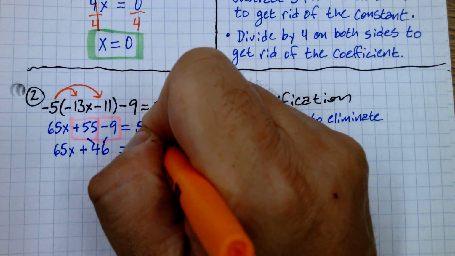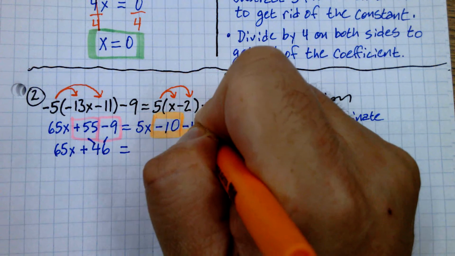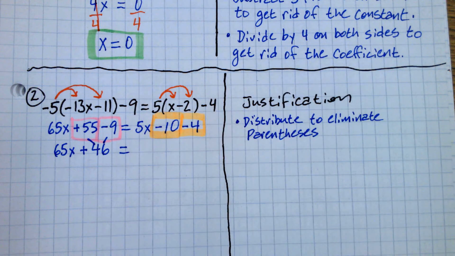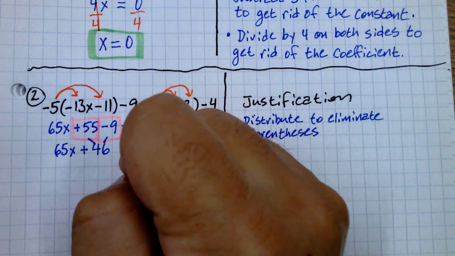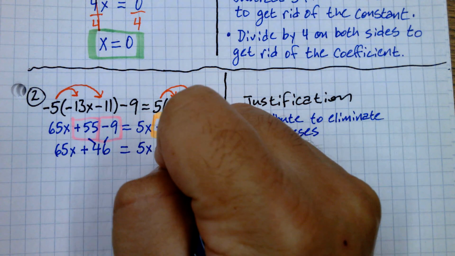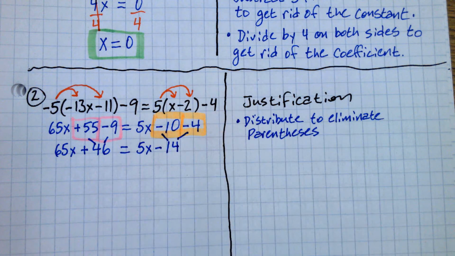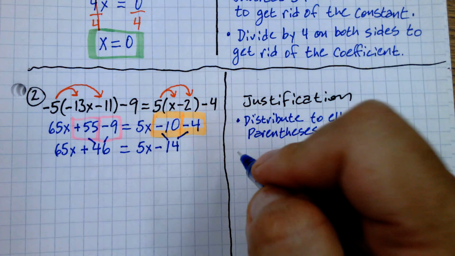So I'm going to grab that minus 10, grab that minus 4. I'm adding negative 10 plus negative 4. Negative 14. So it's 5x minus 14. These two gave me that. Okay. All right. So let's write down that step.